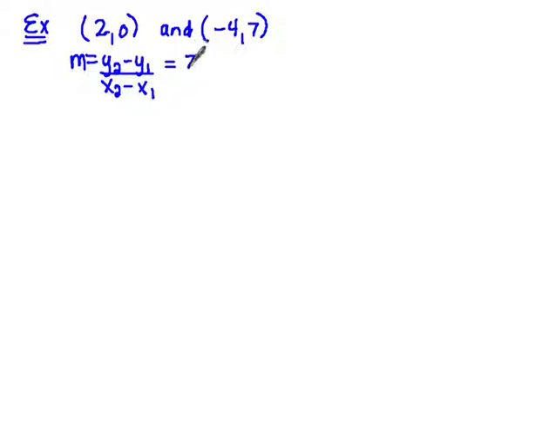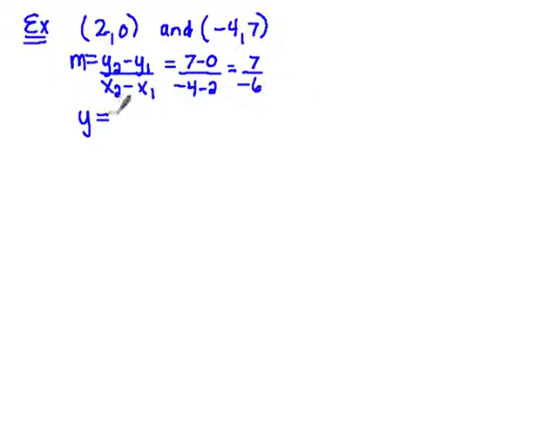So we have 7 minus 0 over negative 4 minus 2, which is 7 over negative 6. So it really doesn't matter which point that I use because, again, we should come up with the same equation either way. So I'm just going to use 2, 0.